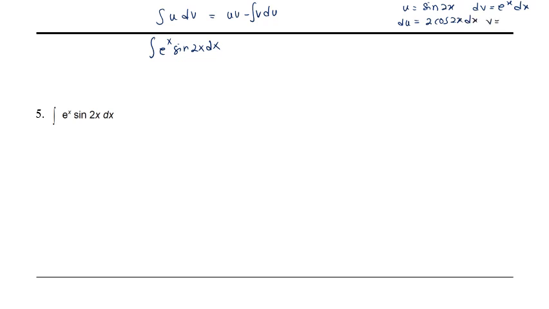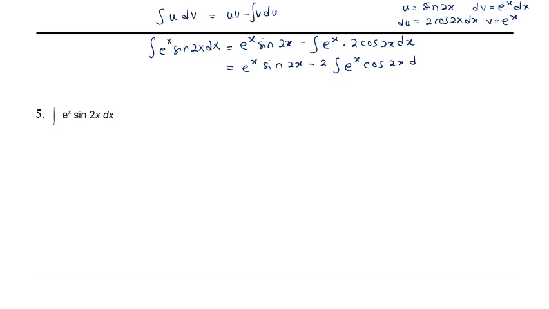So v is become exponent x. Okay, so substitute into our formula. So uv, so exponent x sin 2x minus integrate v exponent x, du times 2 cos 2x dx. Okay, so simplify. Exponent x sin 2x minus 2 integrate exponent x cos 2x dx.